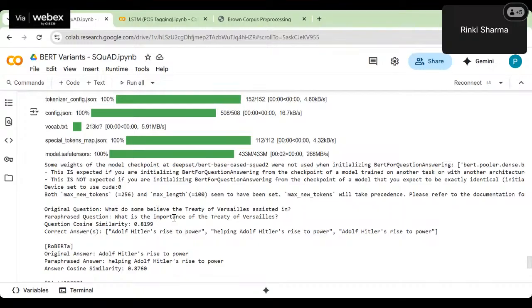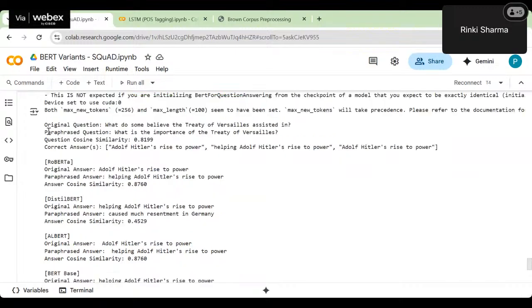As we can see, the cosine similarity between the paraphrased question and the original question is 0.81. That falls in our threshold. And we can also see that the semantic meaning of these two questions is almost the same. The correct answer that is given in the test data for this question is Adolf Hitler's rise to power.